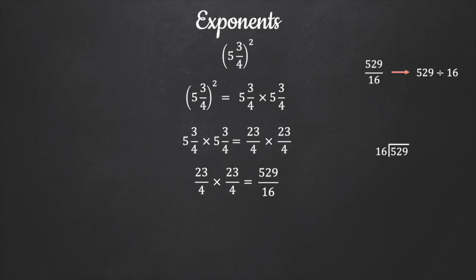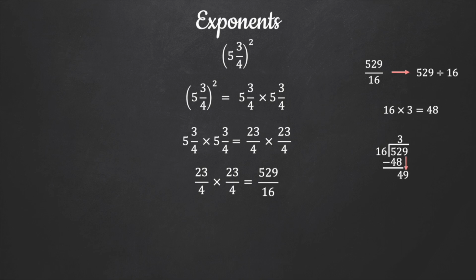We ask ourselves, how many times does 16 go into 5? Well, it doesn't. So then we ask ourselves, how many times does 16 go into 52? 16 goes into 52 3 times, because 16 times 3 is equal to 48. We're going to go ahead and subtract. 52 minus 48 is equal to 4.